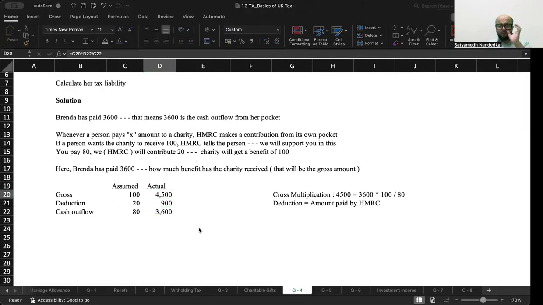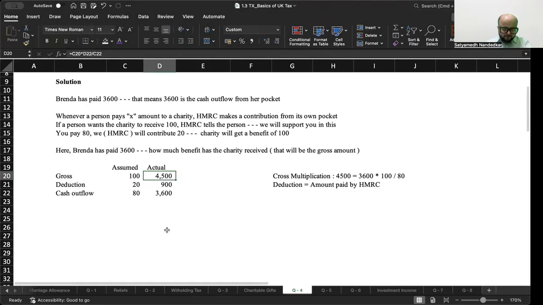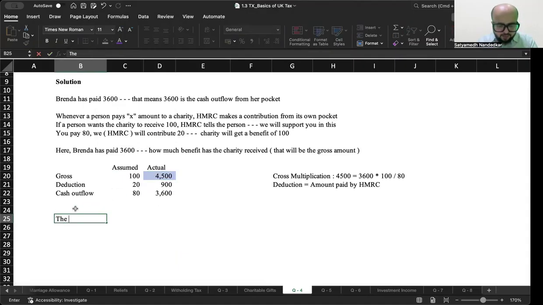Now, let's understand how does this help? First of all, now we know how much amount was paid by HMRC. This gross benefit, the tax bands will be increased by the amount of gross contribution.